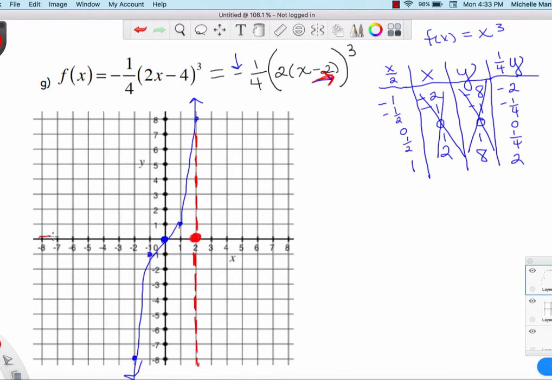There's no up or down shift in this problem. And you do not have to draw on the dashed lines. I'm only doing that for the example. Sometimes I do it for an answer key and just do it really lightly. Sometimes I don't do it at all, it just depends. And you don't need to make your origin dot gigantic like this. I only did it so you could see it very well.